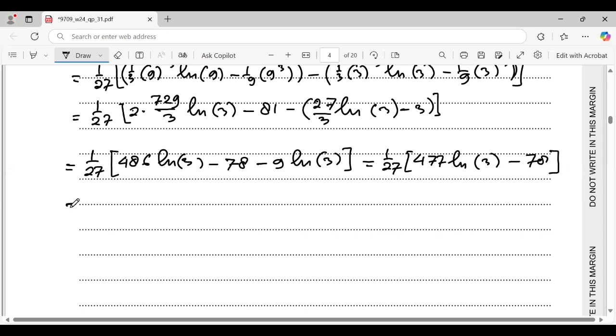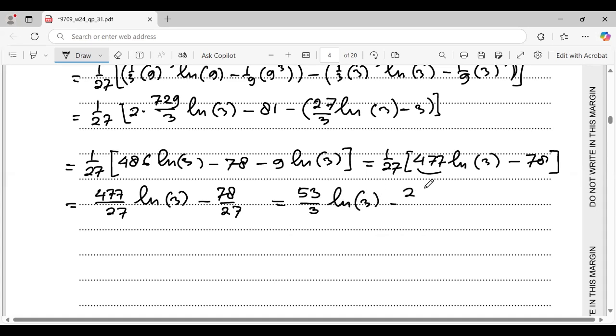And after that, 1/27 times this one, 477 over 27, ln 3 minus 78 over 27. If you simplify, this is 53/3 ln 3 minus 26/9. This is the solution.